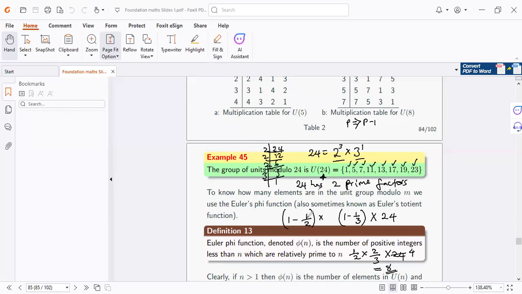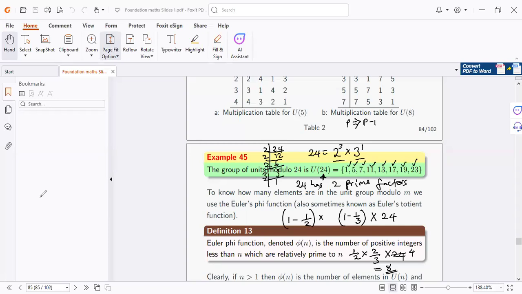Take 1 over the first prime factor, subtract from 1, multiplied by 1 minus 1 over the second prime factor. There can be several prime factors, so continue subtracting their reciprocals from 1, and so on. Then multiply by the number.